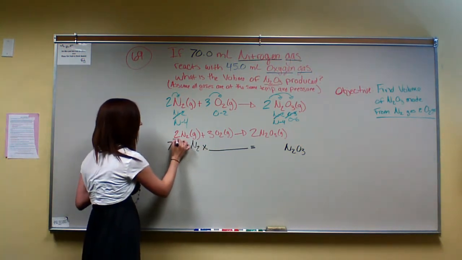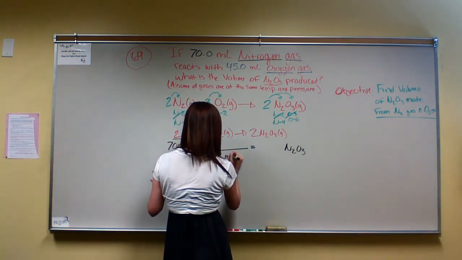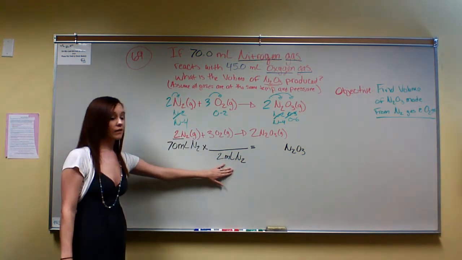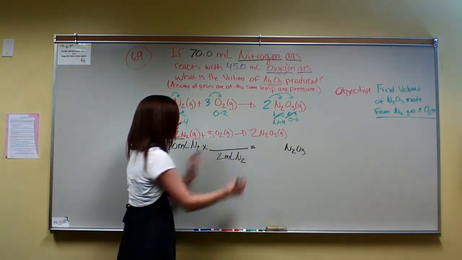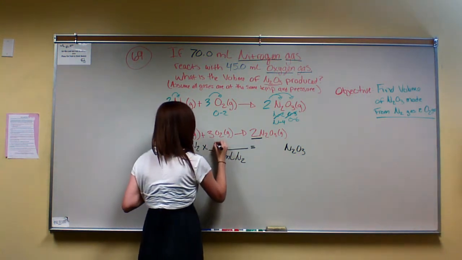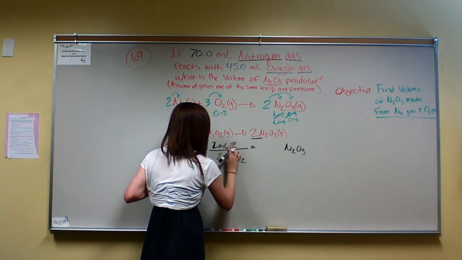So, you can see from our balanced equation, we have 2. So, we have 2 milliliters of N2 on the bottom. And we need to know how many of those makes N2O3. So from our balanced equation, we can see that it also makes 2. So we're going to put 2 milliliters of N2O3.